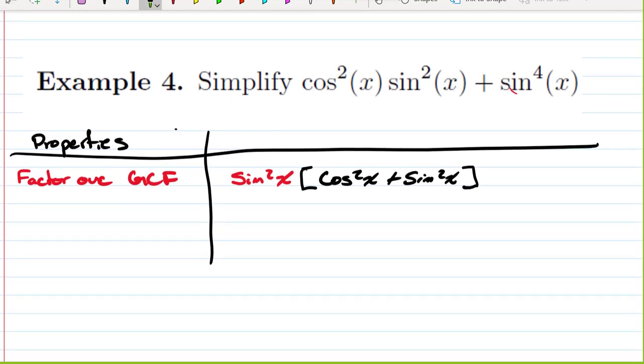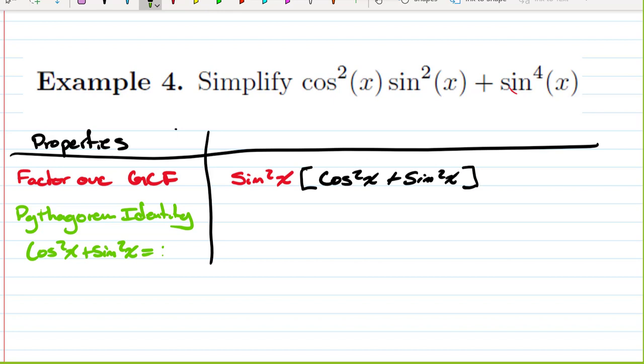The next thing I'm going to use is the Pythagorean identity. And the Pythagorean identity, remember, is cosine squared x plus sine squared x is equal to 1. So then my sine squared x just comes straight down.